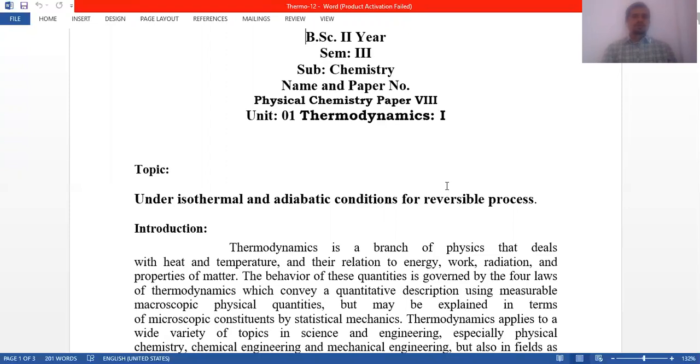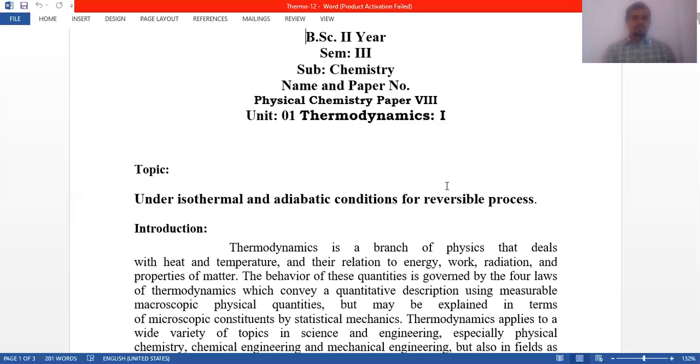The topic we have to discuss today is isothermal and adiabatic conditions for the reversible process. That means, what are the conditions, the isothermal condition and adiabatic conditions for the reversible process.